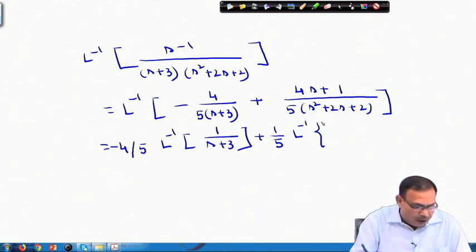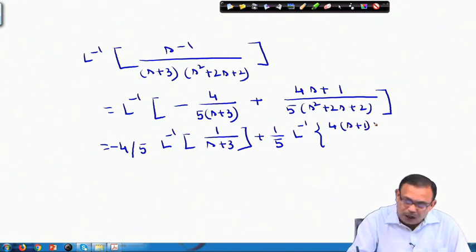You see, this will be 4 into s plus 1, so minus 3 will be added, 5 into s square plus 2s plus 2.